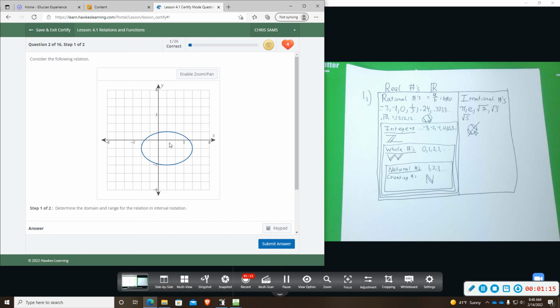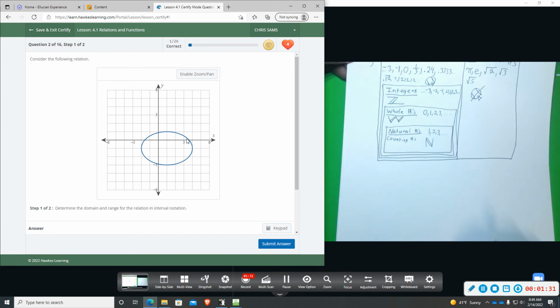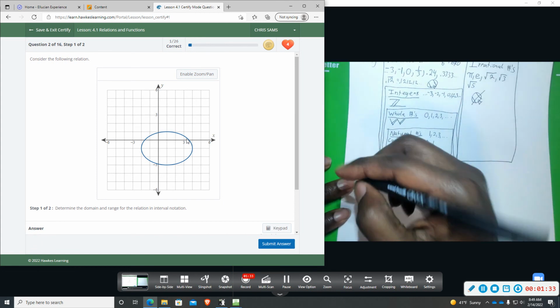We cannot list them all, so we will use a different notation, which they say interval notation. When it's a scatter plot, we will list them, but as far as a connected line graph, we cannot. So in order to do domain and range, you are going to have to go from least to greatest every time.